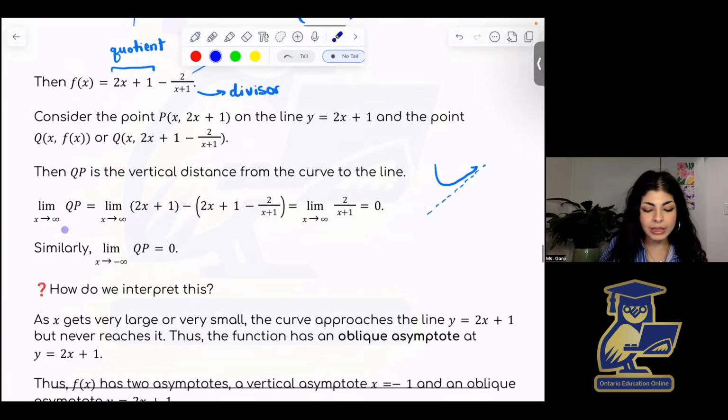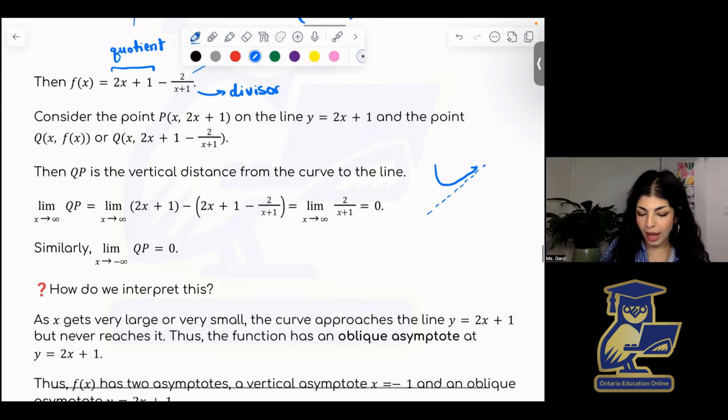And so we see that as x is approaching infinity, so the end behavior as x is getting larger and larger, this depends again on the distance from the point on the diagonal line to the function, then this is actually 0. So we're getting closer and closer for large values. And not precisely to say that it's going to become that line, but the distance is almost going to become 0. And same with negative infinity.